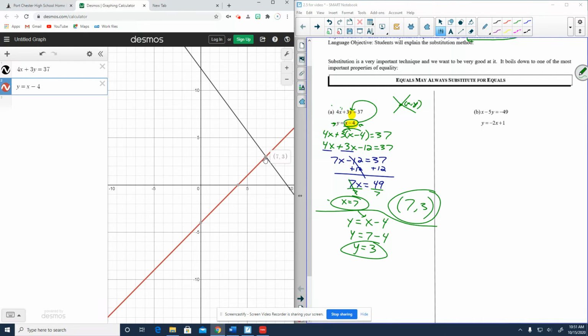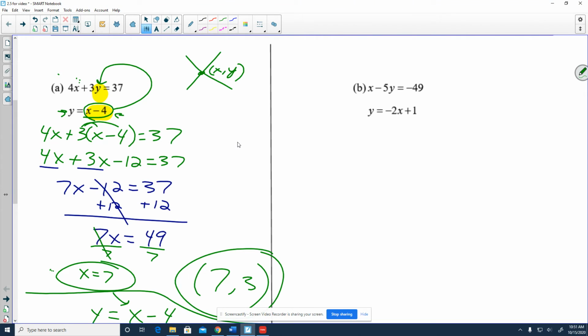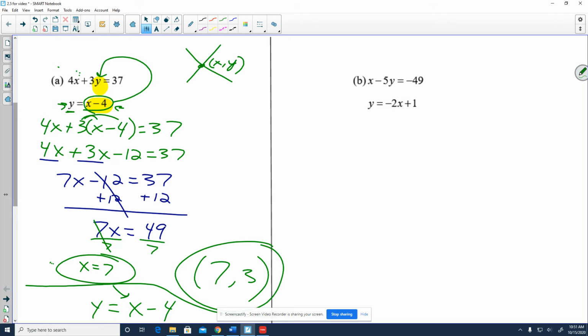I can see that if I hover over, my graphs intersect at 7, 3, so I know my answer is correct. Okay? So substitution method, we take our variable that's isolated, we plug that in for our variable, and then we solve for x, and then we plug it back in to solve for y.